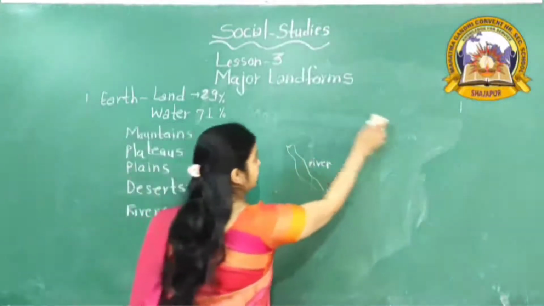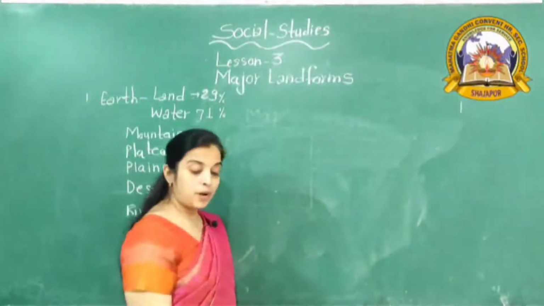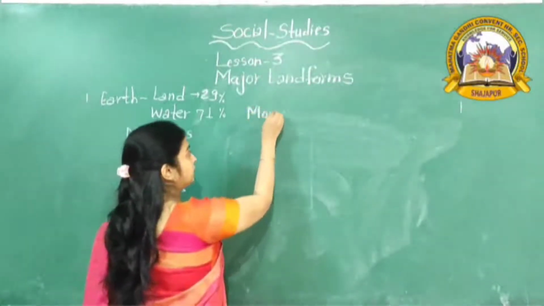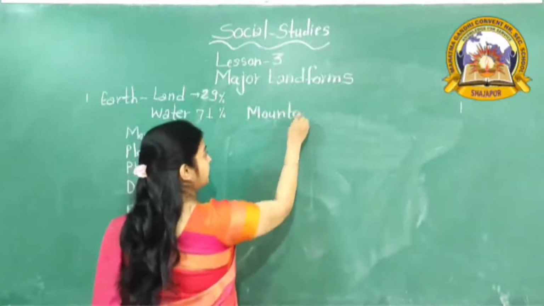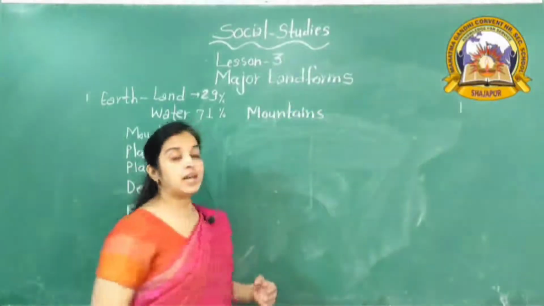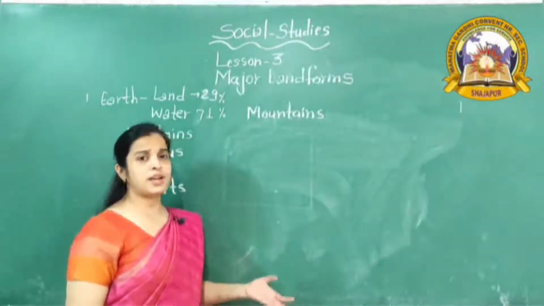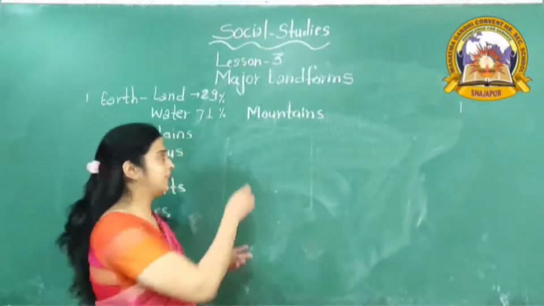What are mountains? Mountains are high. Mountains are higher. They rise 900 meters and above the mean sea level.